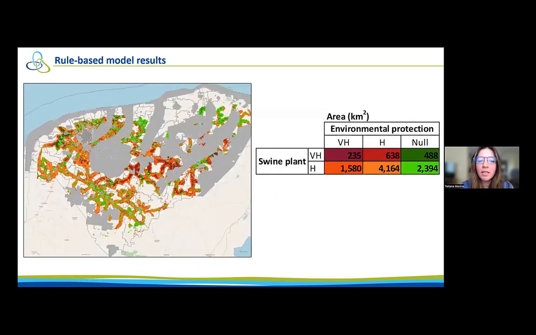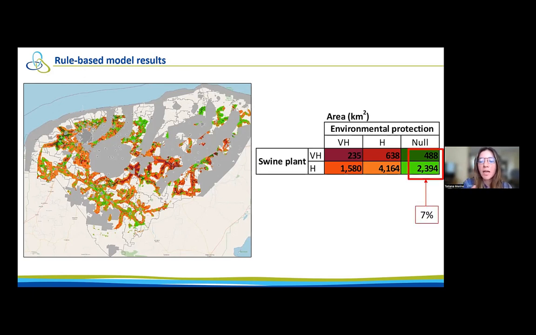Finally, we obtain the optimal areas that minimize the commission errors for swine plant and the omission errors for environmental protection. That resulted in around 500 square kilometers with very low investment risk, and around 2,400 square kilometers of low risk.